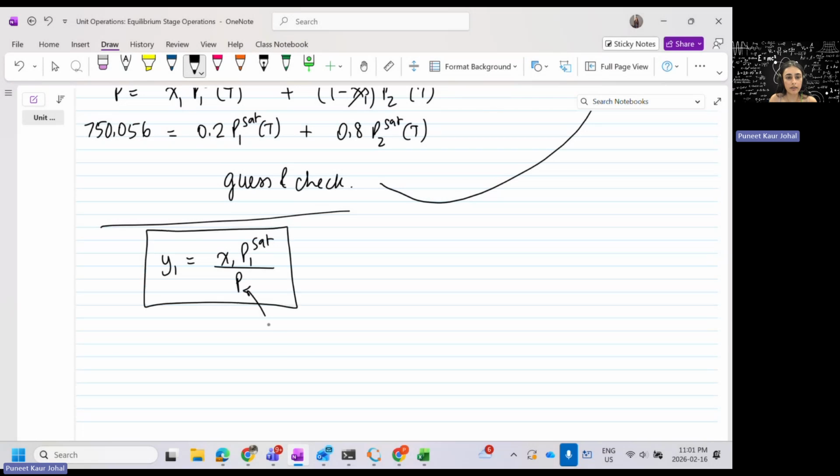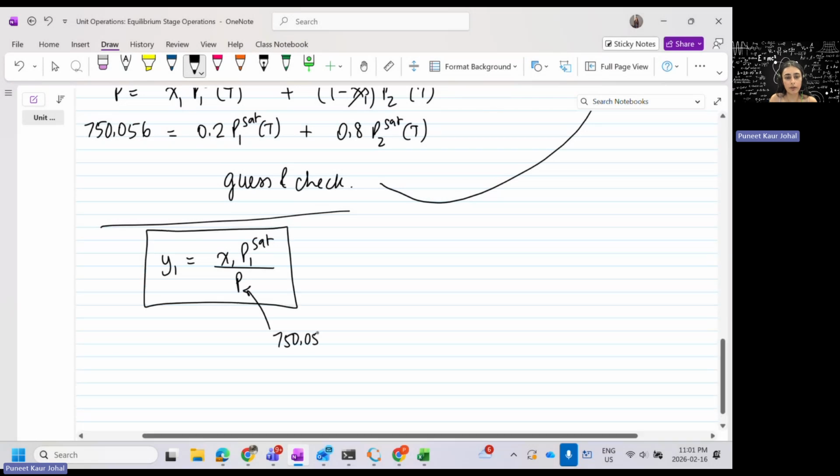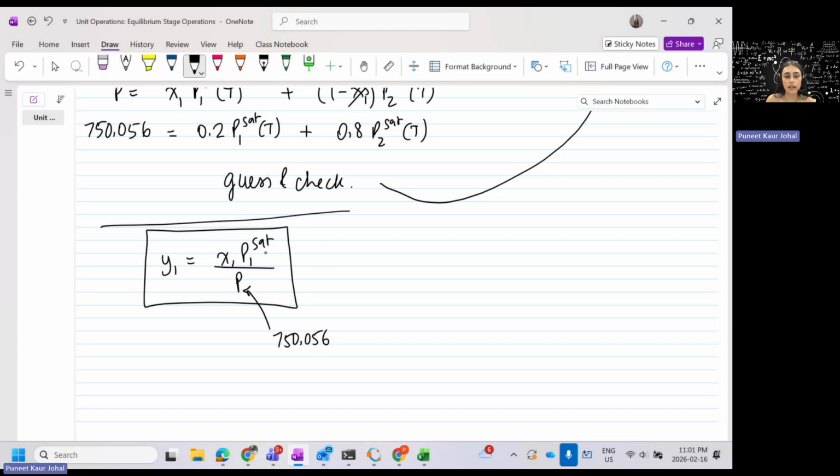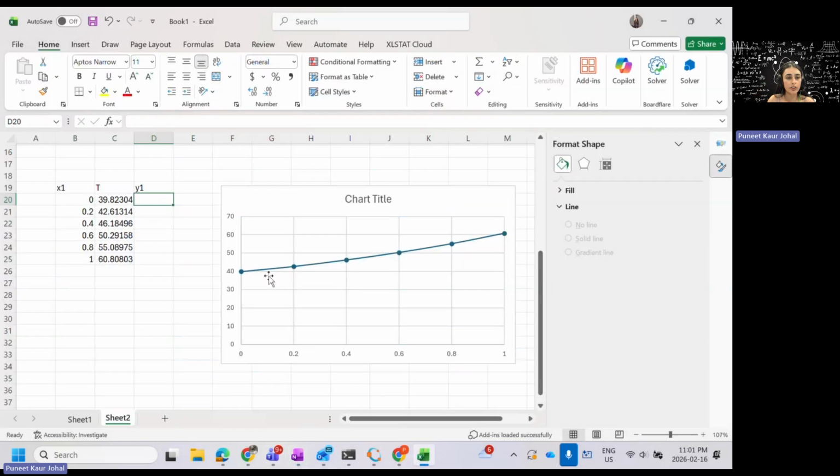In this case, p is going to be the 750.056 that is constant throughout these runs. And p1 sat is what we're seeing at different x values over here in Excel. So we can actually just use this formula.